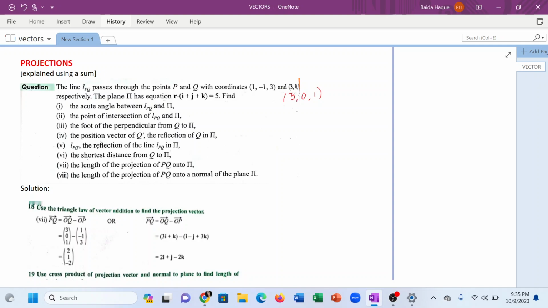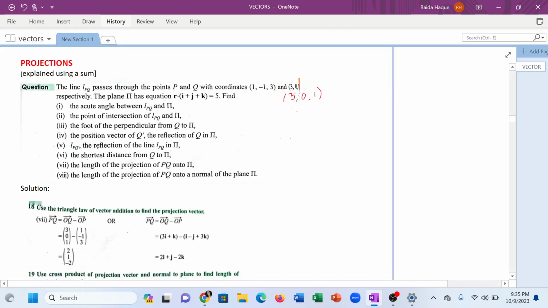First we have to find the acute angle, point of intersection, foot of perpendicular, and the position vector of Q prime, the reflection of Q in the plane. So we have a lot of part questions here which I would ask you to go home and try, since these are fairly conceptual and you should be able to do them given the two lectures. However, if you do find difficulties, please leave a comment and I will solve those for you too.